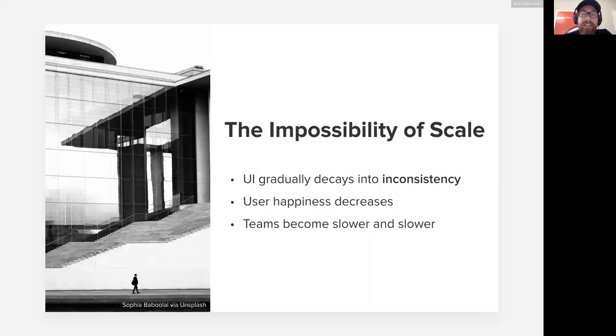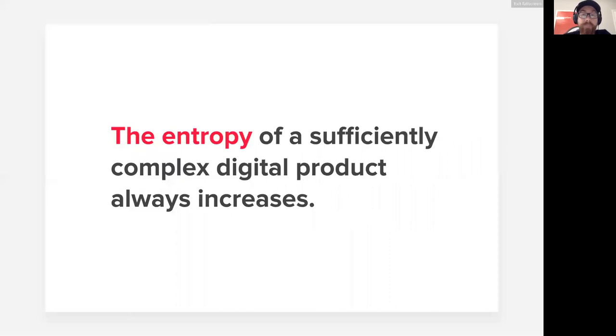And then teams become slower and slower because teams have to manage this growing inconsistency. All together, these three factors are absolutely killing the opportunity to scale design and development in big companies. This is what I've heard from design leaders in these big organizations.